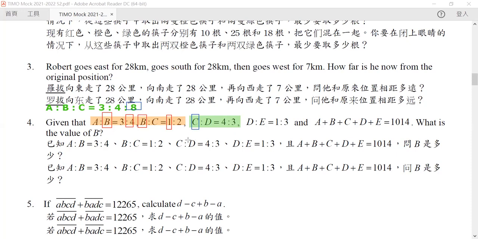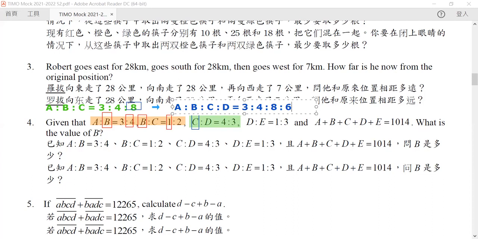So if we multiply our C by 2, we multiply our D by 2. So it would be 3 to 4 to 8, because it used to be 4 to 3, but one of them is 8, so the other needs to be multiplied by 2, which gives 8 to 6.